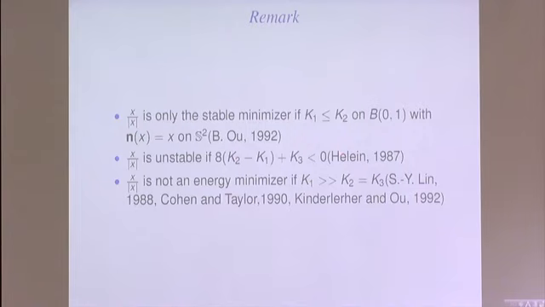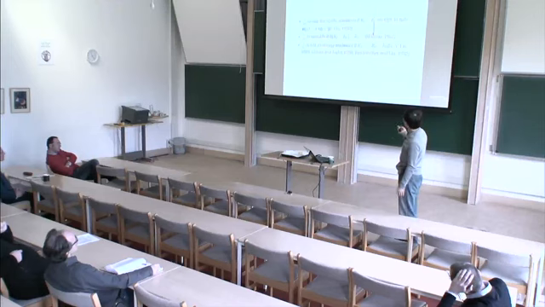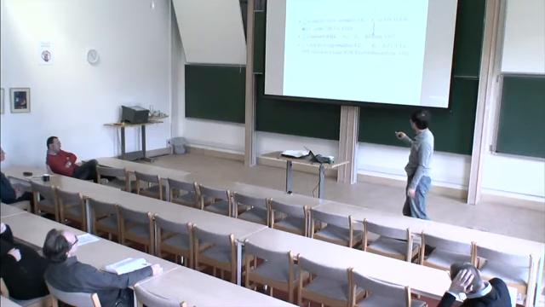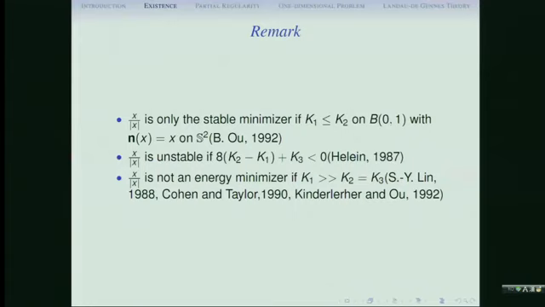And also independently, I remember that Lin proved that this is not a minimizer when K1 is much bigger than K2 and K3. I remember they have some argument. I didn't check exactly, but Cohen and Taylor calculated the second variation of the Oseen-Frank energy, and then they used those arguments to prove this.